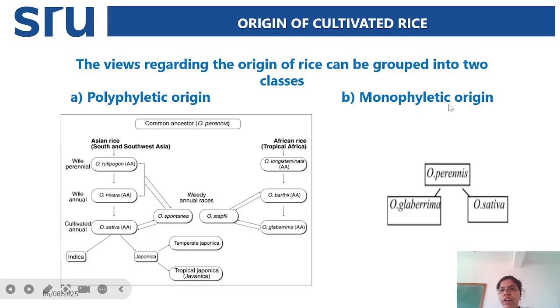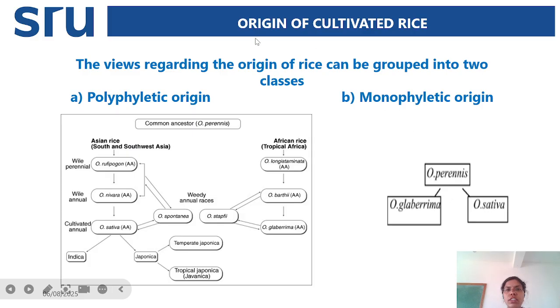And next is monophyletic origin. Monophyletic origin is nothing but here the African rice, whereas Asian rice were originated. These two cultivated rice were originated from the common parent or common ancestor, that is nothing but Oryza perennis. So here the cultivated rice is originated only from the one common parent or common ancestor. So it is called as monophyletic origin.